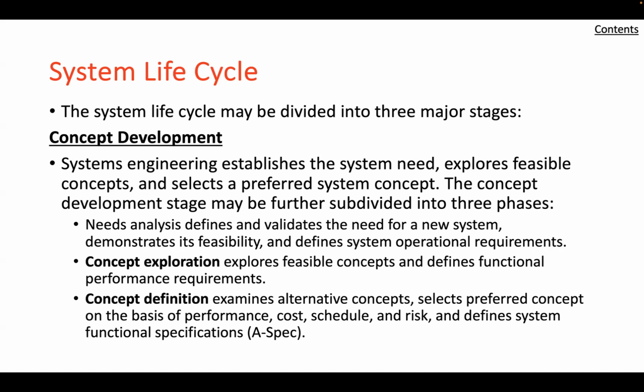In the case of large programs, formal decision points also mark most of these subdivisions, similar to those marking the transition between stages. Furthermore, the roles of system engineering tend to differ significantly among these intermediate subdivisions. Hence, to understand how the evolution of the system lifecycle relates to the system engineering process, it is useful to develop a model of a structure down to the second level of subdivision.